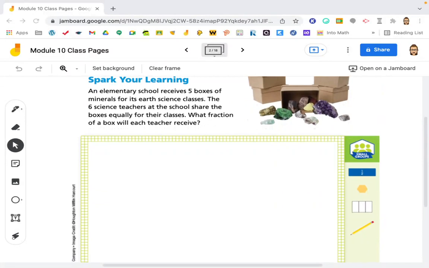An elementary school receives 5 boxes of minerals for its earth science classes. The 6 science teachers at the school share the boxes equally for their class. What fraction of a box will each teacher receive?